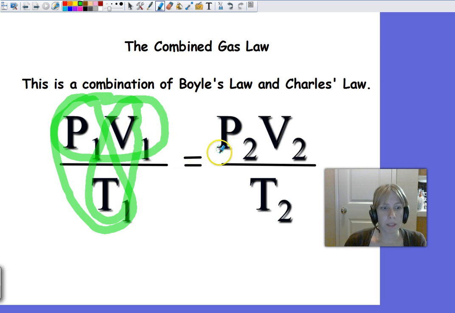So all you have to do really is just remember this one law, and you got all of them. Whichever one is being held constant, so let's say I'm not changing my temperature, then I can just kind of cover that up and pretend it doesn't exist and just solve for P1 V1 and P2 V2. Or if I have a constant volume, it's not going to change, so I can just leave that out of the equation.